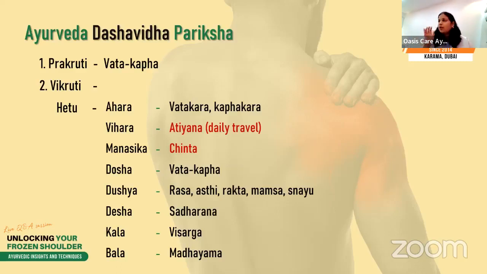Okay, so it's not a tailor-made kind of treatment every time. First is prakriti. What kind of prakriti that patient has. In Ayurvedic examination, we do the Dashavidha pariksha bhava, which first comes under prakriti.